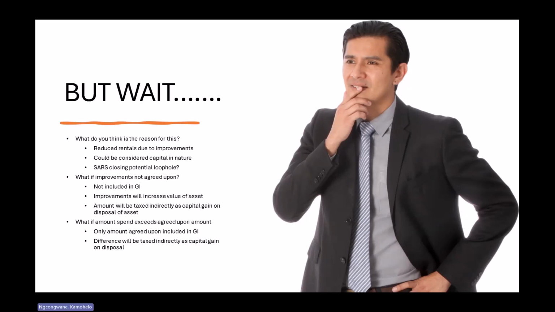If we haven't agreed on these improvements, nothing is included in the gross income and nothing gets deducted by the other person. But once you make improvements to a property or an asset, the value of that asset increases. Once the value increases, the capital gain will increase. When you get a higher capital gain, you'll pay more tax.